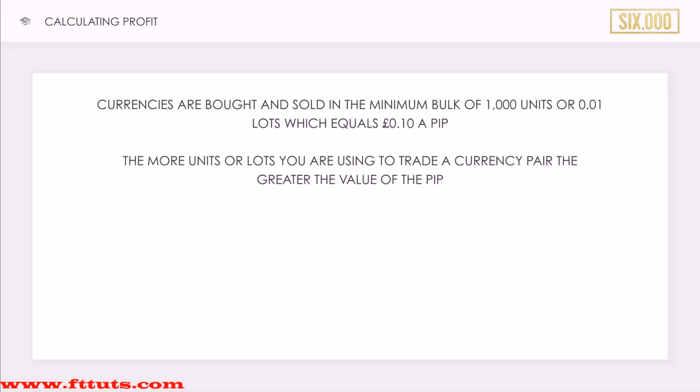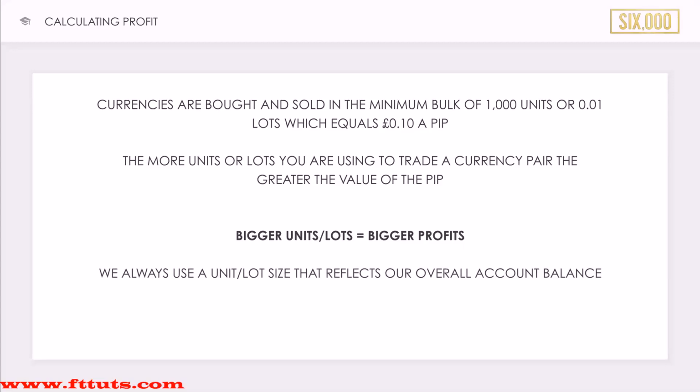The more units or lots you are using to trade a currency pair, the greater the value of the pip. Meaning, the more you can potentially make, and the more you can potentially lose. So the bigger the units or lots, the bigger the profits. But also on the flip side, the bigger the losses. We always use a unit or lot size that reflects our overall account balance.